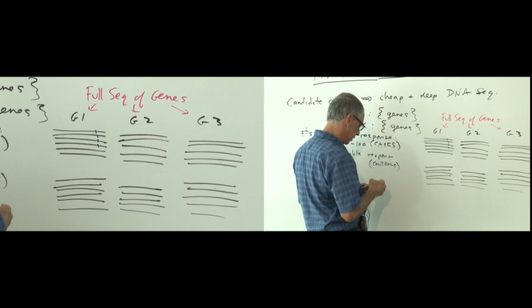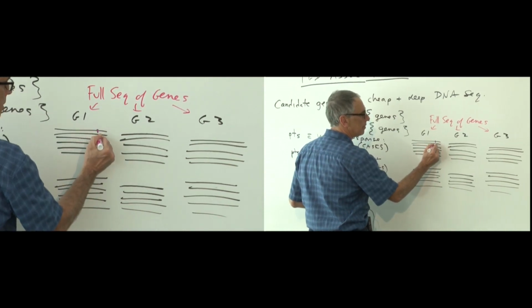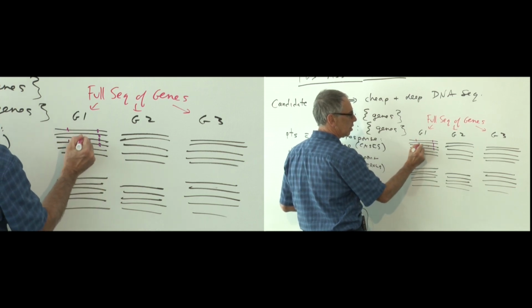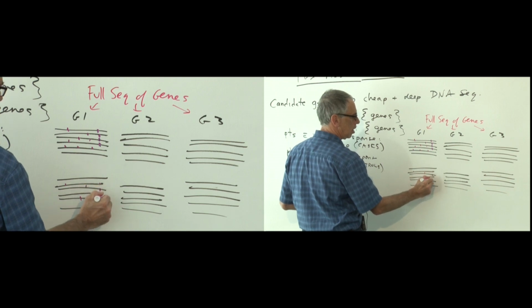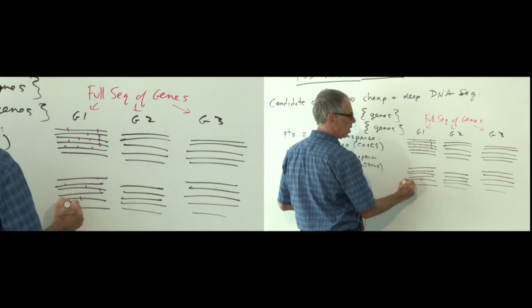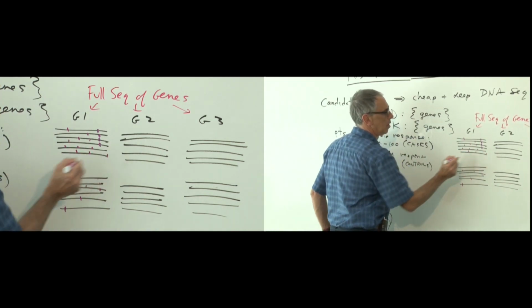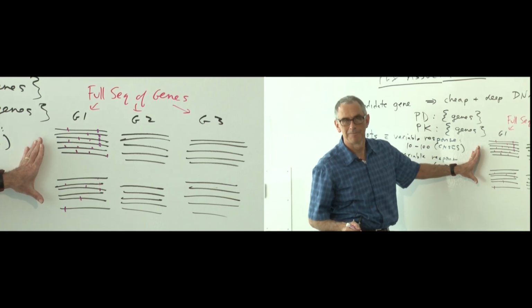I'm going to show the variants. Let's use a different color. Let's use pink. Common variants, rare variants, let's just look at gene 1. I've drawn these in a very particular way.